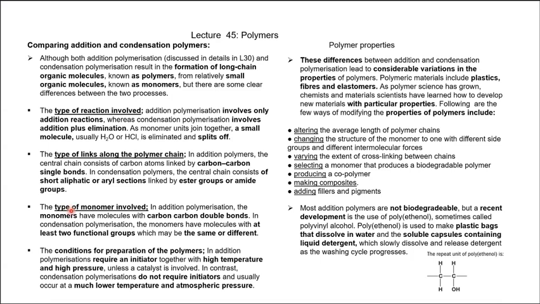amide groups. Type of monomer involved: in addition polymers, the monomers have molecules with carbon-carbon double bonds, and in condensation polymers, the monomers have molecules with at least 2 functional groups, which may be of the same or different functional groups. The conditions for preparation of the polymers: addition polymerization requires an initiator, together with high temperature and high pressure.